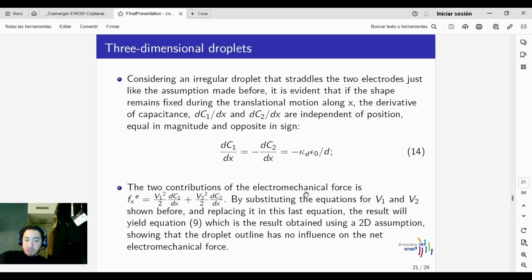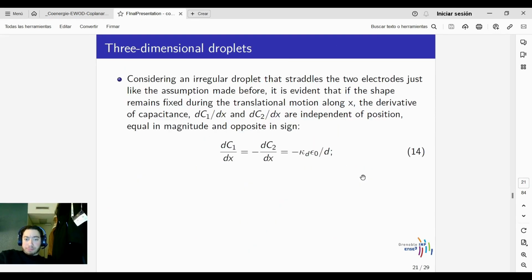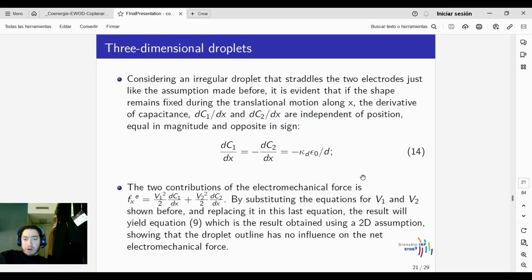So if we substitute in this equation that we see here the values for V1 and V2 that we obtained before in terms of the capacitance, and make some mathematical operations, we can see that at the end we obtain the same result that we obtained for the 2D assumption that we saw before.